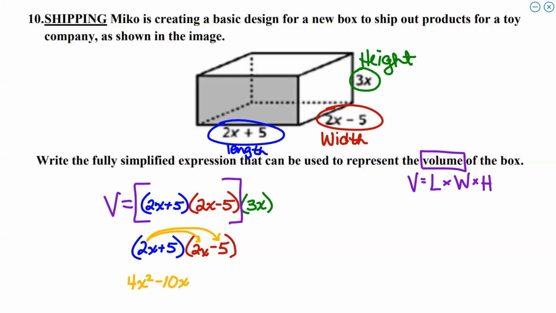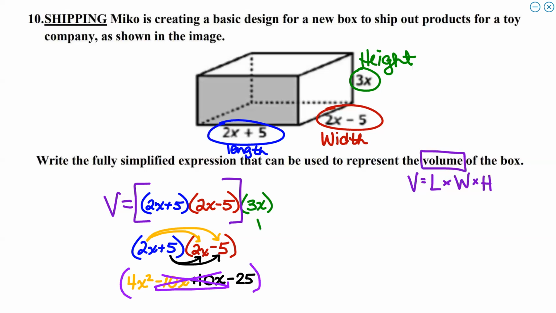All right, what else should I multiply? 5 and 2x, which gives me 10x. That's a positive 10x. Anything else to multiply? 5 and negative 5. What do I get when I multiply those two together? Negative 25. Are there any like terms that I need to combine together? 10x and negative 10x. What happens when I combine those? They cancel out. So does that make this my final answer then?